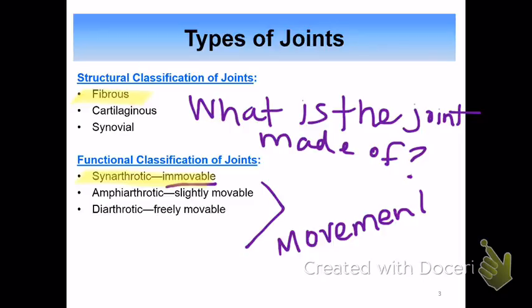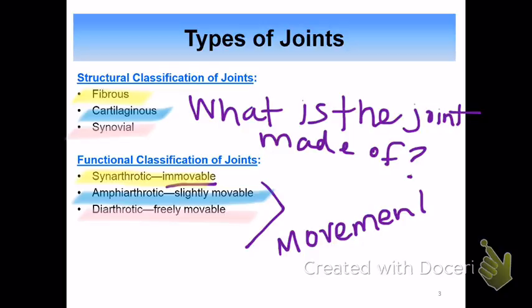The cartilaginous joints, for the most part, are amphiarthrotic. And the synovial joints are diarthrotic. So they kind of go hand in hand. The first one goes with the first one, the second one goes with the second one, but not always, just generally. Take a second and really look at this slide, because it's pretty important as far as the rest of the PowerPoint talks about these words. Since they're foreign words, I want you to familiarize yourself with them.